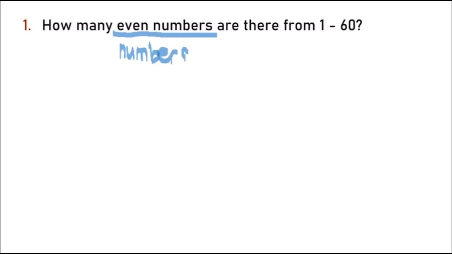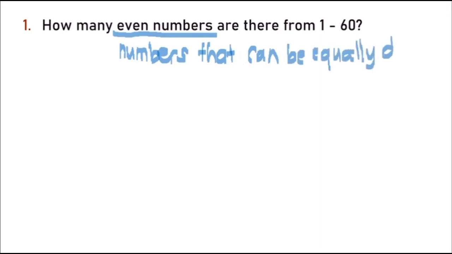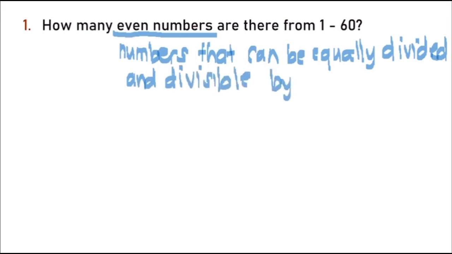Again, yung even numbers are numbers that can be equally divided. Meaning nito, walang remainder pag i-divide mo siya. And also, an even number ay divisible by 2. Meaning yan, nade-divide siya ng 2 at whole number yung quotient niya.